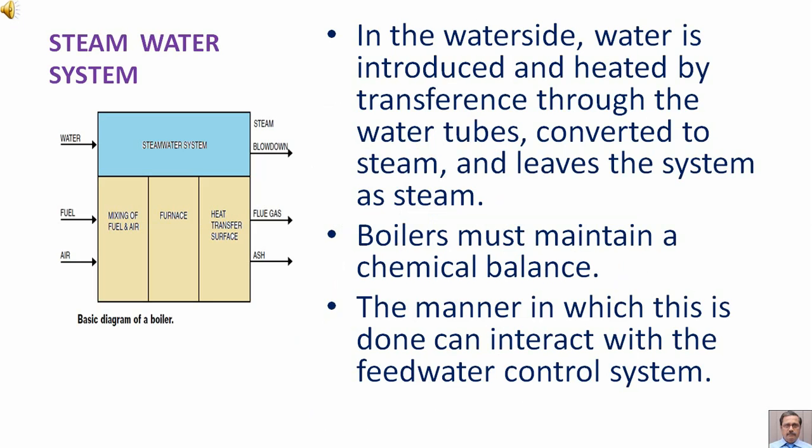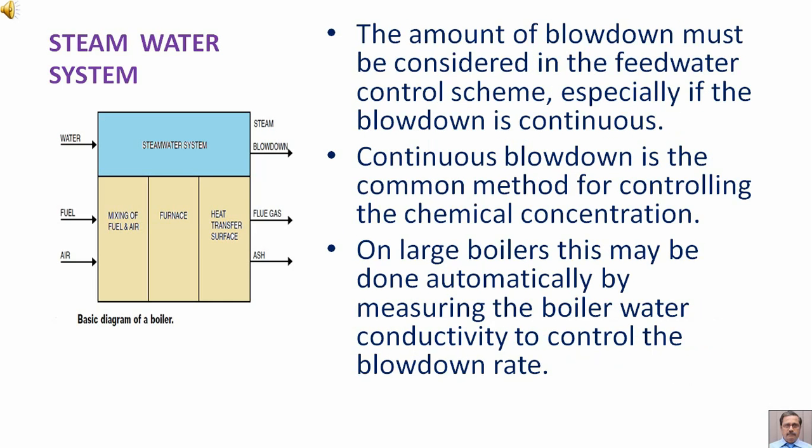Boilers must maintain a chemical balance. The manner in which this is done can interact with the feed water control system. The amount of blowdown must be considered in the feed water control scheme, especially if the blowdown is continuous.